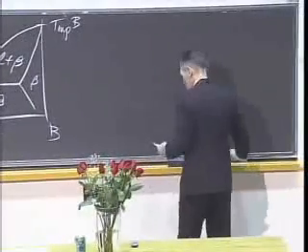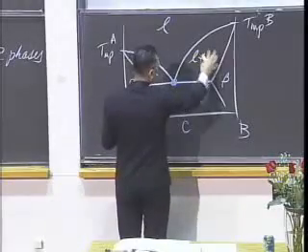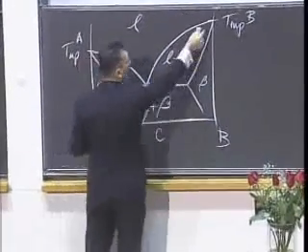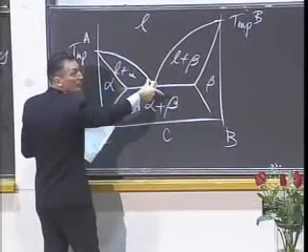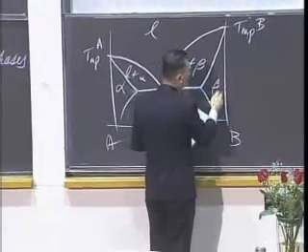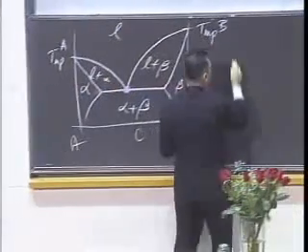And this is what the phase diagram looks like, where we have something similar to, you see the bottom here? The bottom here looks like that syncline, and the top here looks like the beginning of the lens. So we have liquid, and then beta here. Beta is a solid solution. Alpha is a solid solution. So let's designate those.